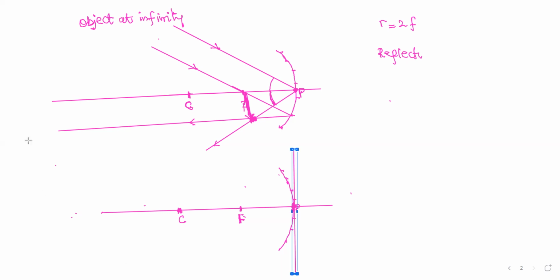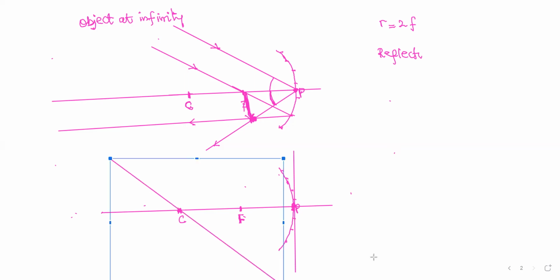I want to vary my rays. That's why I'm drawing the line there. So a ray of light hitting the mirror at 90 degrees must pass through C. So simply, it means that this is hitting the mirror at 90.